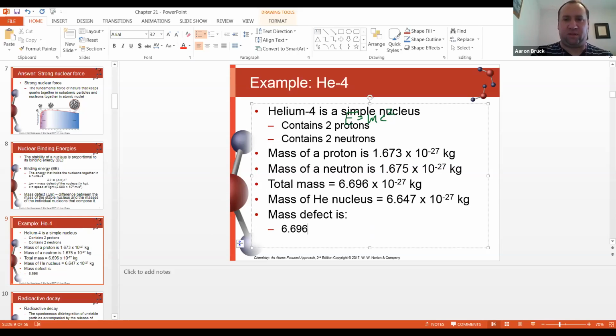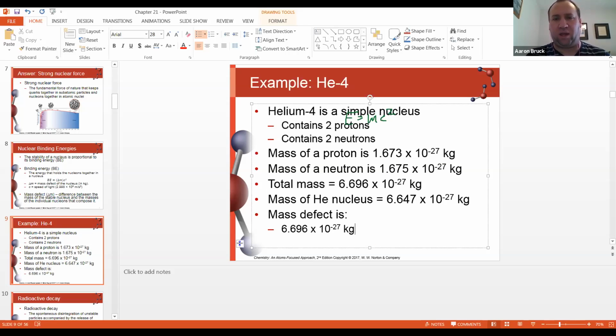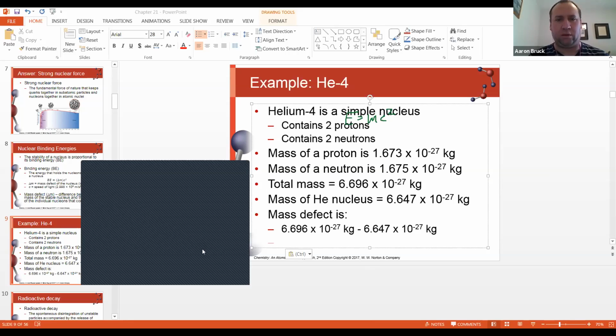6.696 minus 6.647, which would be 4.9 times 10 to the negative 29th.